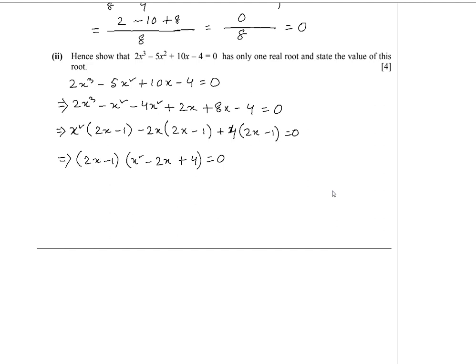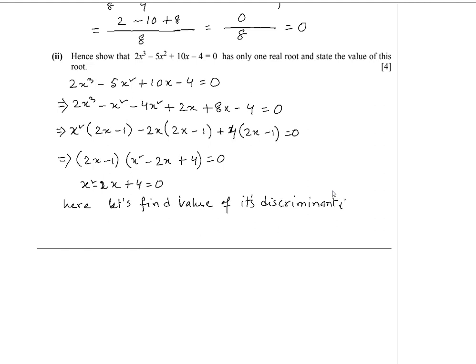Now the quadratic factor will have a solution if its discriminant is greater than or equal to 0. So let's find the discriminant of this quadratic factor first. We have x squared minus 2x plus 4 equals 0. The discriminant is b squared minus 4ac.